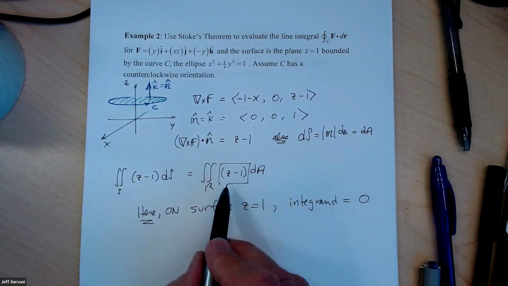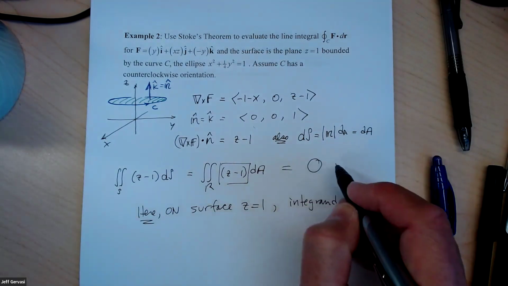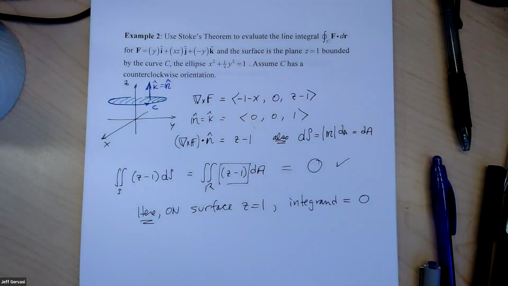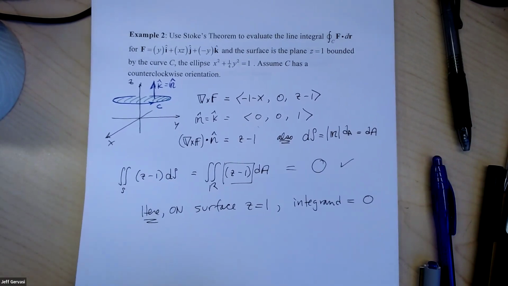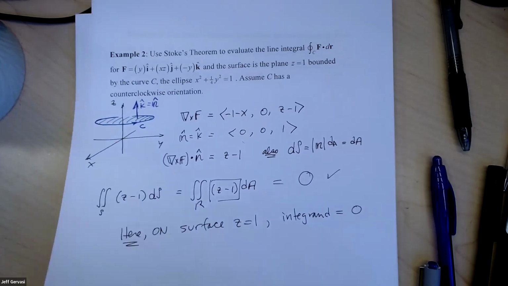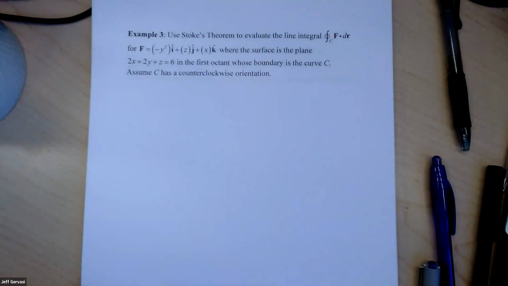And so therefore, since the integrand is 0, the integral is 0 itself. So we didn't actually have to integrate anything at all for this one, which is kind of nice. We always say, right, what's the best integral? The one you don't have to integrate. Very good.